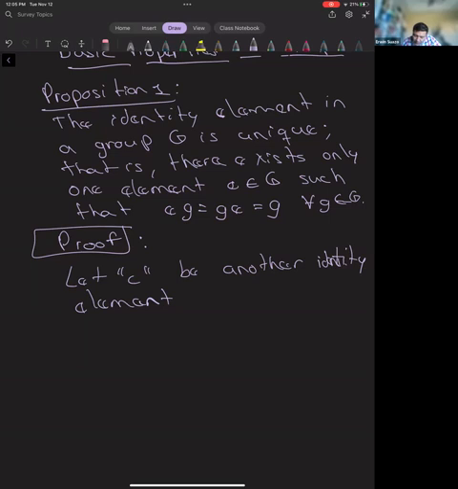Identity. Oh, I think I'm going to do that. My razor doesn't. Identity element. Okay.